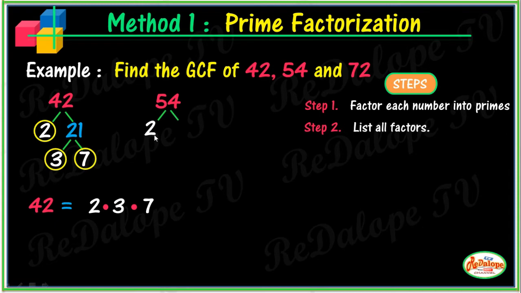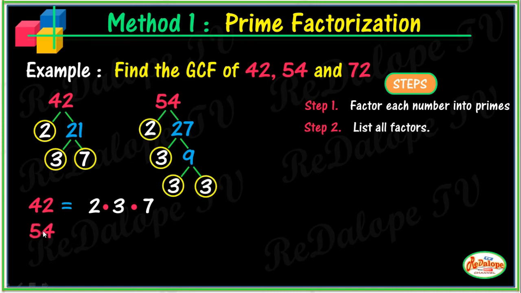So 54 divided by 2, so that is 27. 27 divided by 2 cannot be, so we divide by the next prime number, which is 3. 27 divided by 3, so that is equal to 9. Then 9 divided by 3, that is simply 3. So we have these prime numbers 2, 3, 3, 3, and then circle them, and then list all the factors of 54. So we have 54 equals 2 times 3 times 3 times 3.